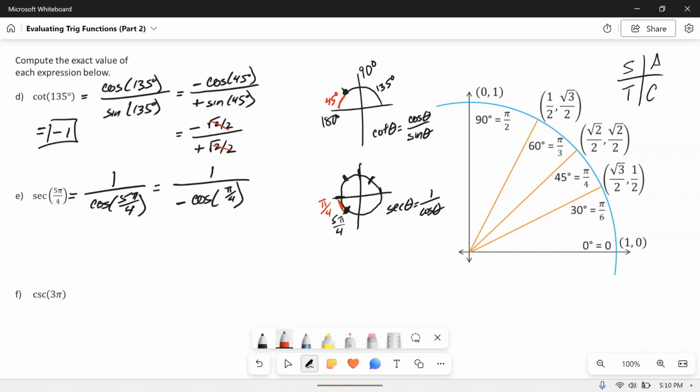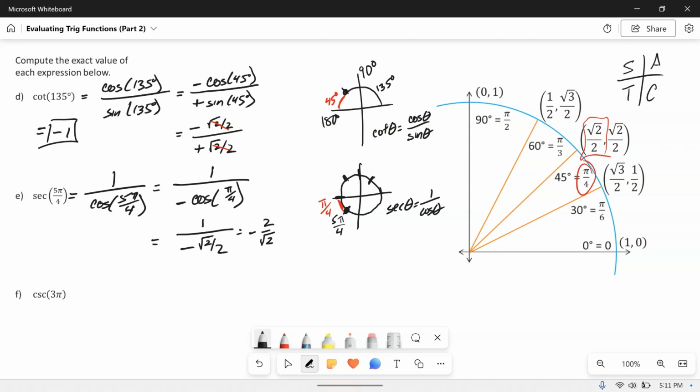And then if we find pi over 4 in our unit circle, in our first quadrant, and we look at the cosine, which is the x value, it's root 2 over 2. So we are going to have 1 over a negative root 2 over 2, which we can do the reciprocal of, which will give us a negative 2 over root 2.